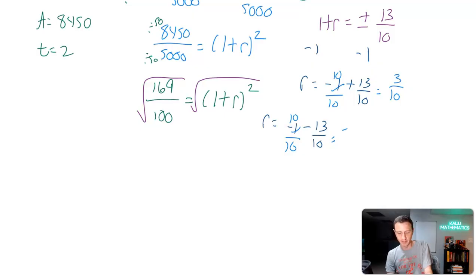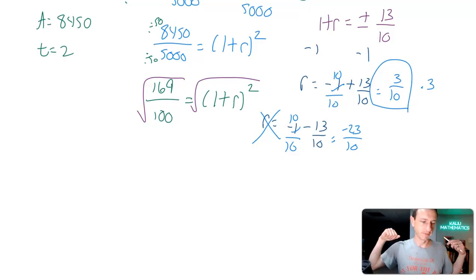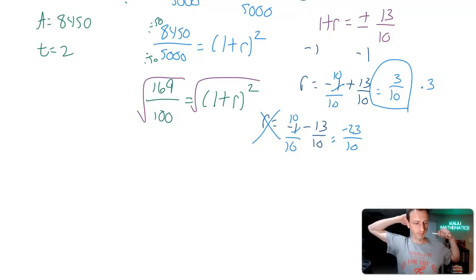Negative 10 minus 13 is negative 23 over 10. That's a negative rate. We can't have a negative rate. So that answers out, so it's going to be 3 over 10, which would translate to 30%, or 0.3. So 30% each year. All right, and there we go.